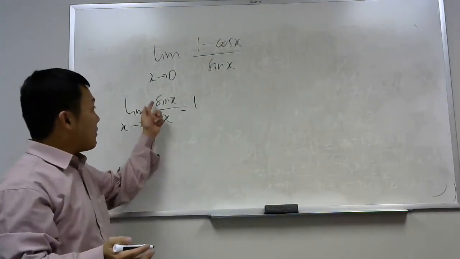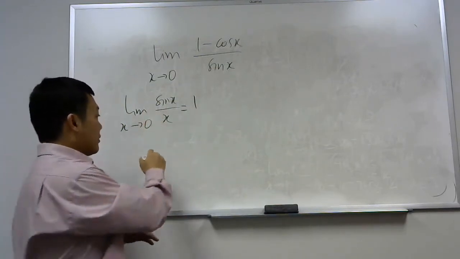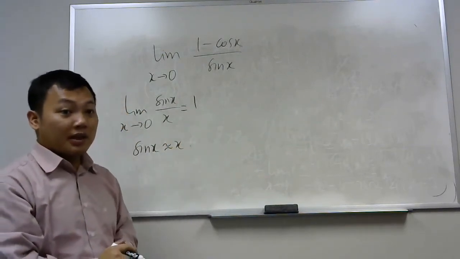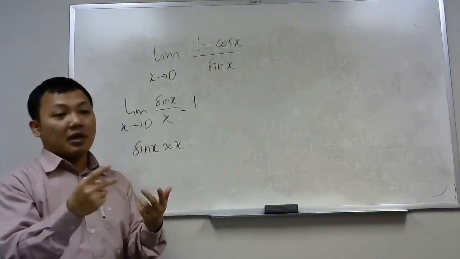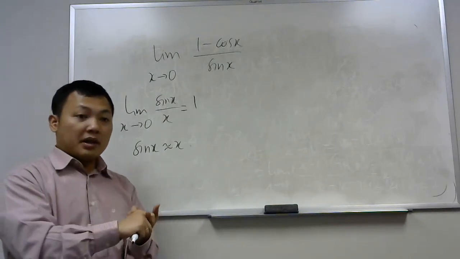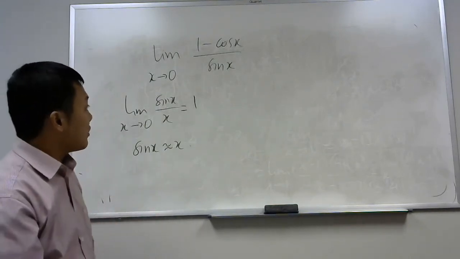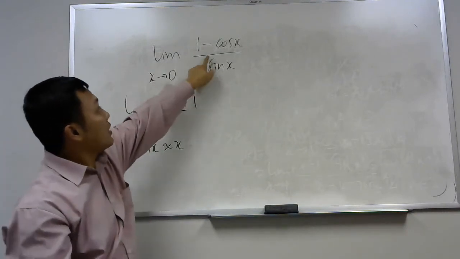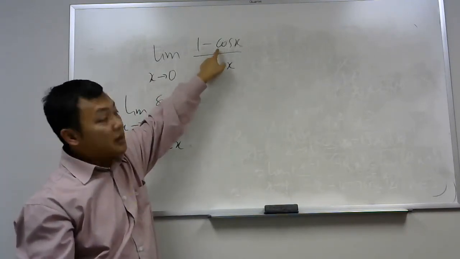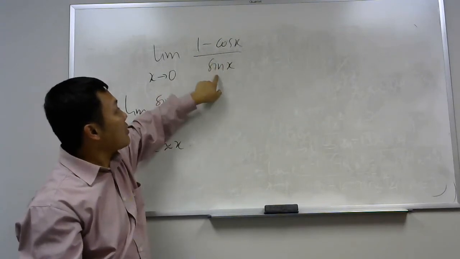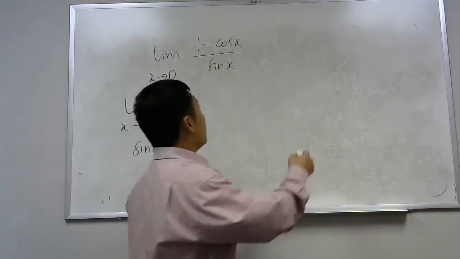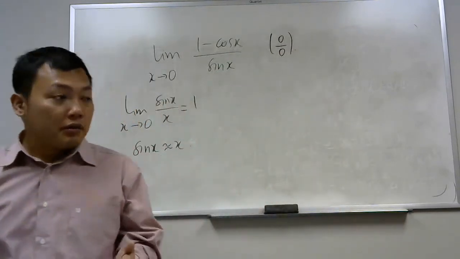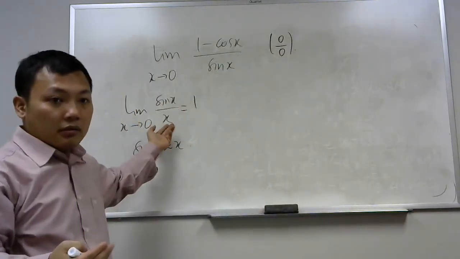Or we say sine of x and x are similar, which means you can replace x by sine of x, or sine of x by x, when you calculate a limit at 0. In this case, you plug 0 in, cosine of 0 is 1, so you have 1 minus 1, which is 0, and 0 over 0.